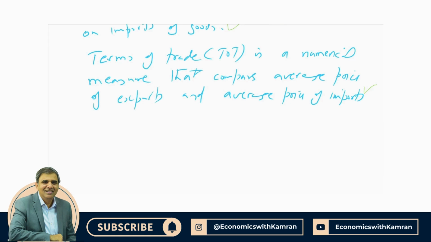So terms of trade, the formula is average export price divided by average import price, and do not forget to multiply it by 100 to get the third knowledge and understanding mark. Please note, you may write export price index divided by import price index into 100. That would be correct as well.